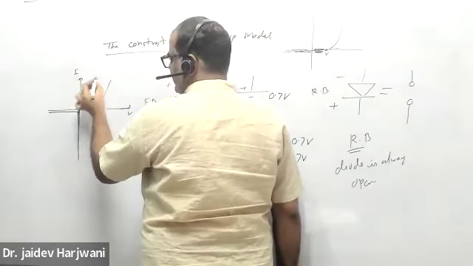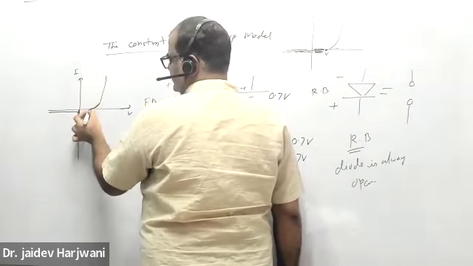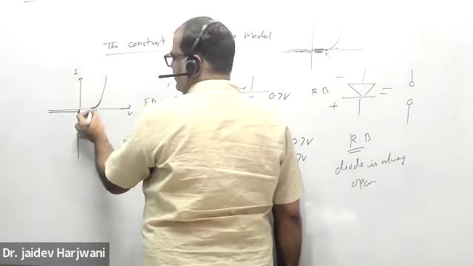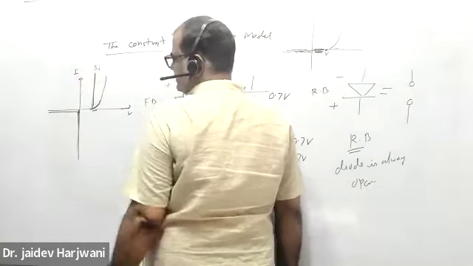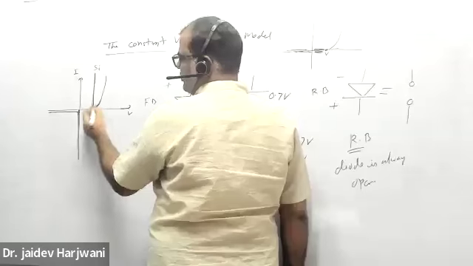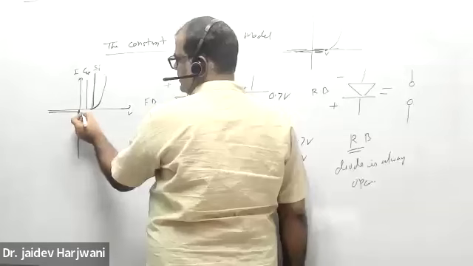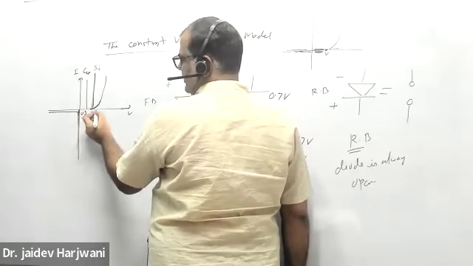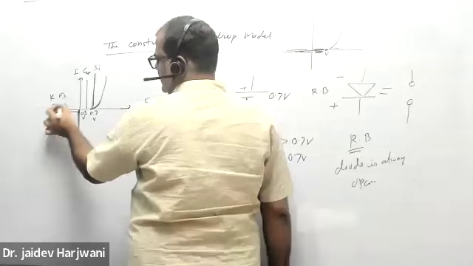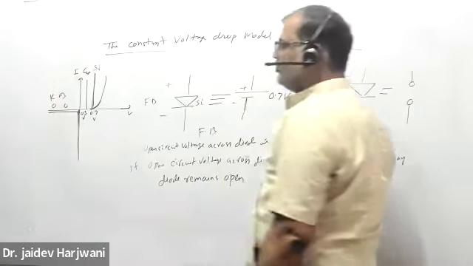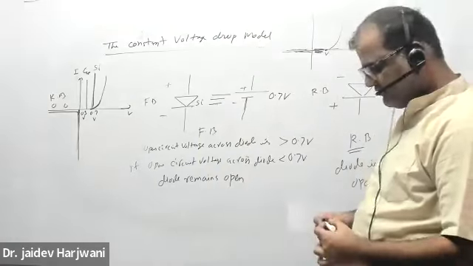But this model says, because there is a sharp increase in the current, the voltage is not varying, the voltage is constant. For silicon, the voltage is 0.7 volt, and for germanium, the voltage will be 0.3 volt. And in reverse bias, both are open, zero current.